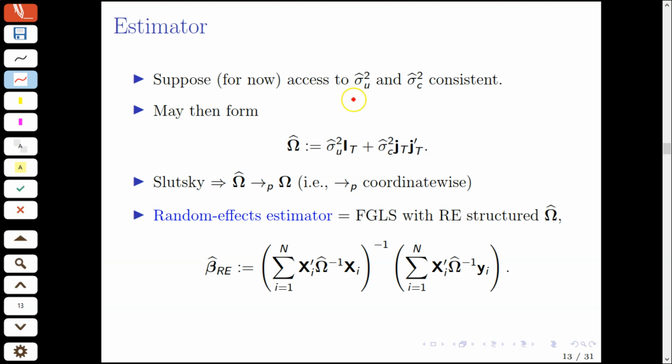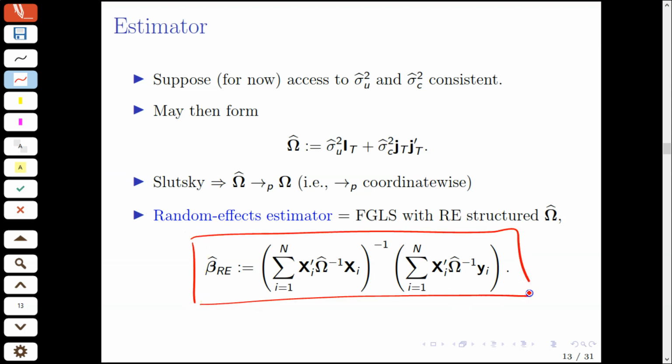Now, given such two consistent estimators, feasible GLS is possible with this omega hat, such that we can construct the FGLS estimator. And the random effects estimator is simply feasible GLS with a random effects structured omega hat.